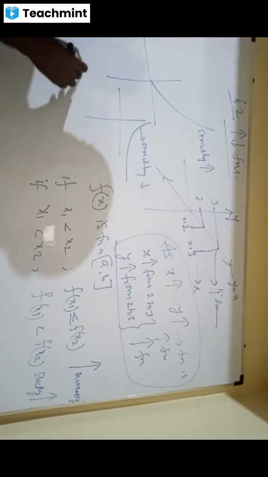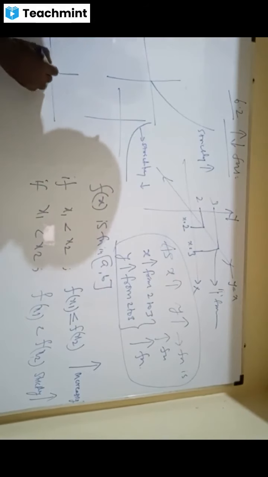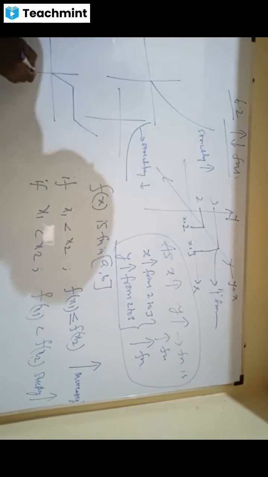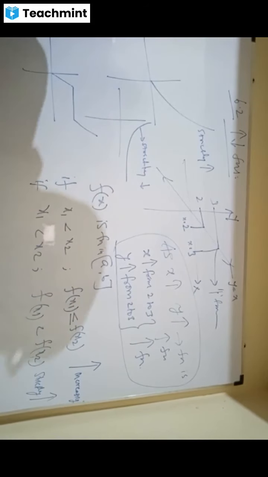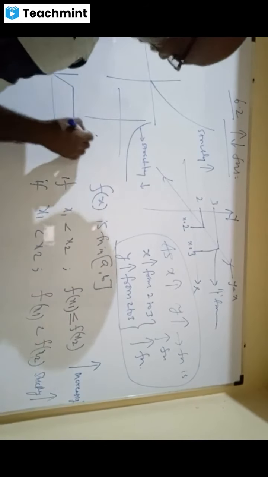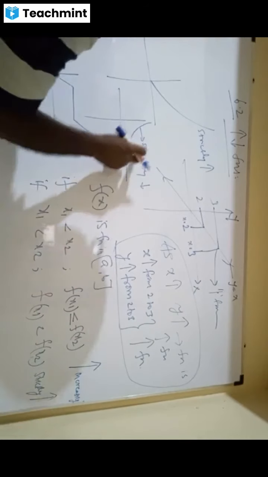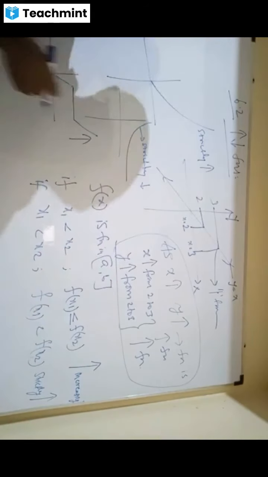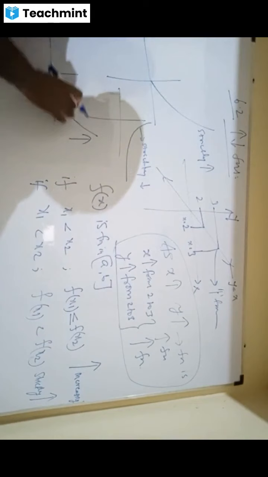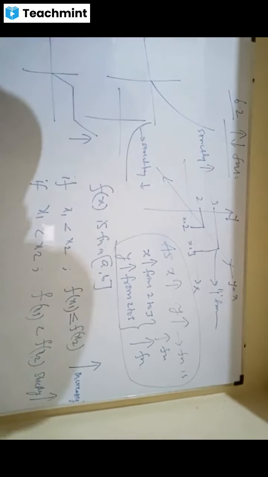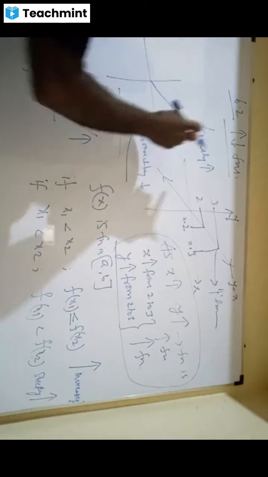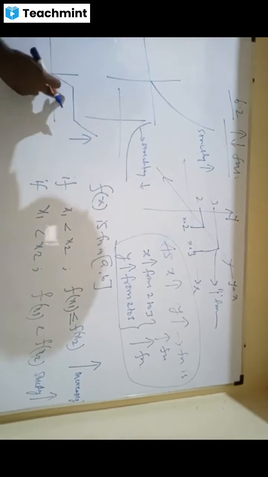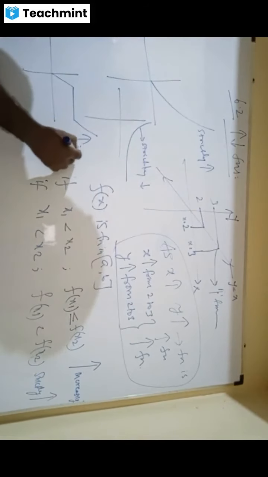Then what do increasing and decreasing functions mean? This is increasing, constant, and then increasing. So it is an increasing function, not strictly. That's why it is called just an increasing function. This is strictly increasing, strictly decreasing, and this is simply an increasing function.